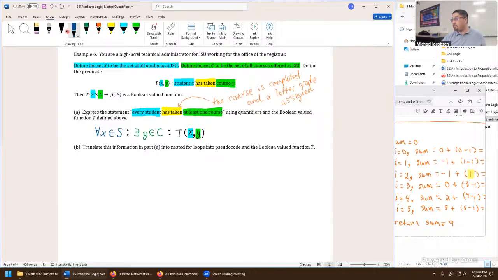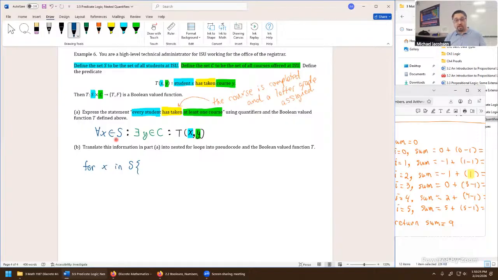Starting here, let's write out for, again, it's pseudocode, so I'm not trying to write out anything fancy in any one particular language. I'll just say, like we did with the summation symbol, for X in S. So that gets us started. That means we're going to check for every value or every possible student through this loop.